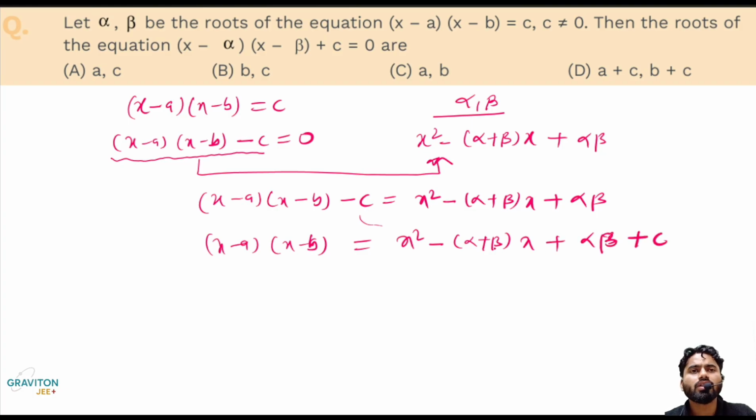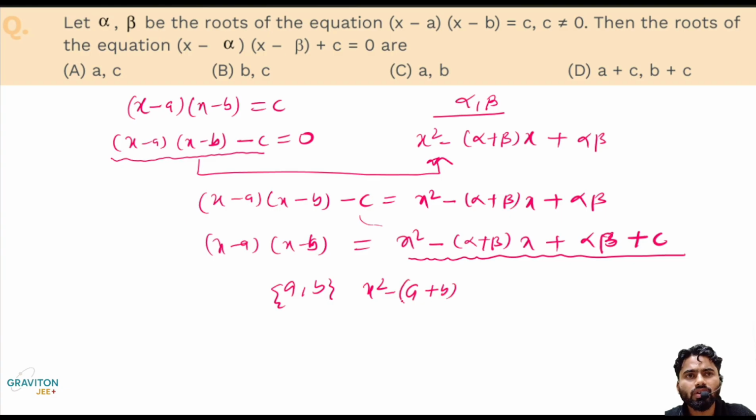Now if you consider this is the equation, and a comma b are roots of any equation, then how do you find the root of that equation? Basically you will write x square minus (a plus b) into x plus a into b, sum of roots and product of roots, then you will get that equation.